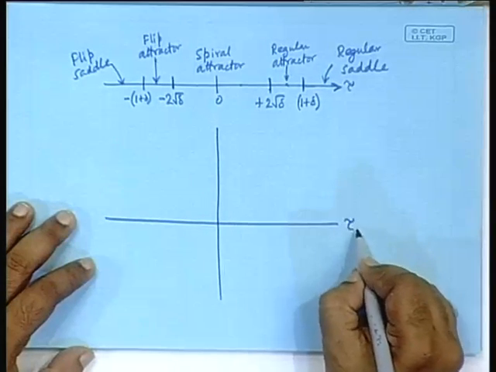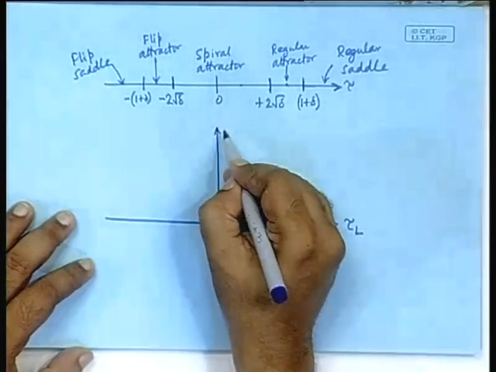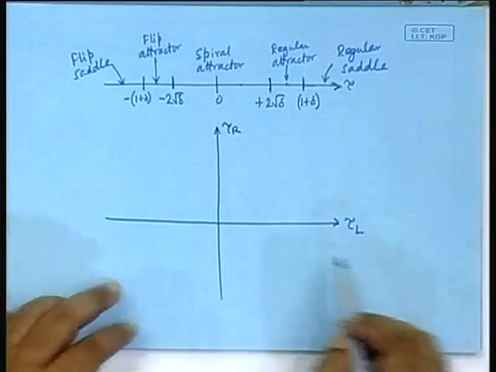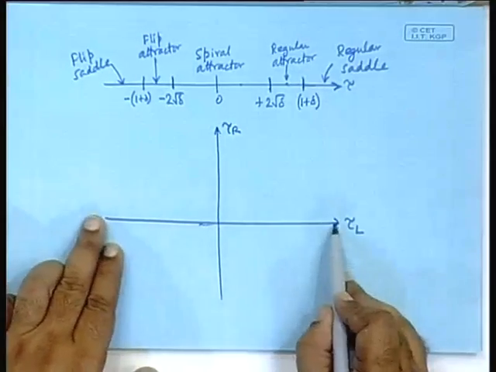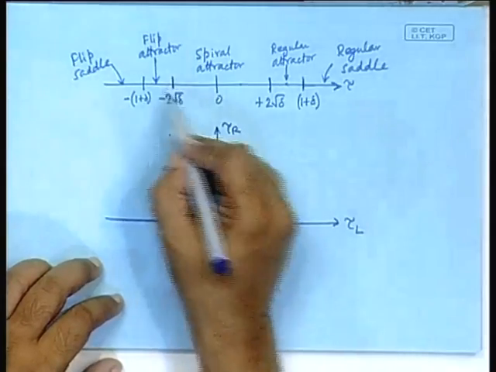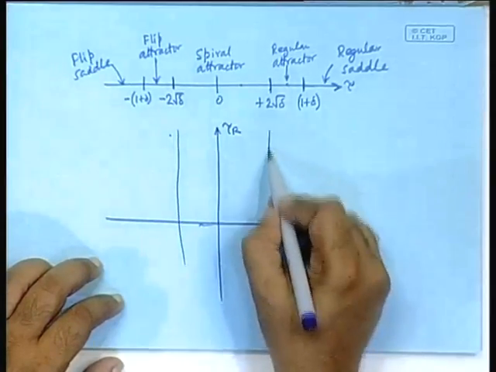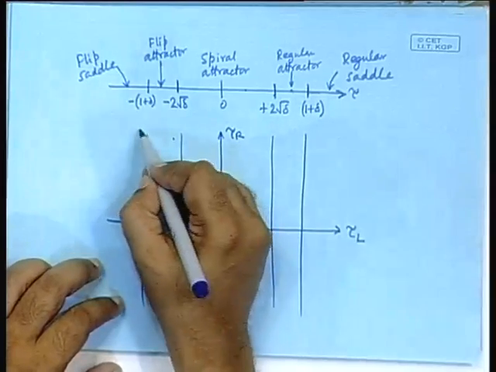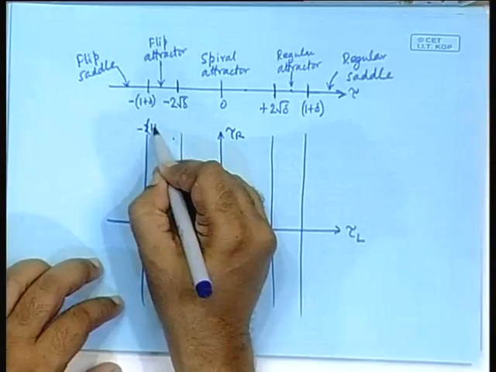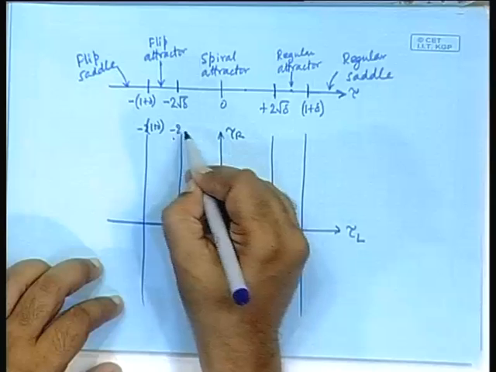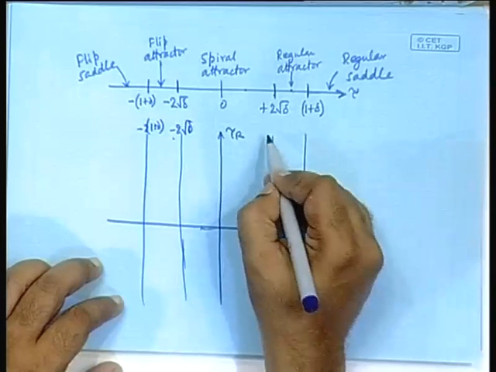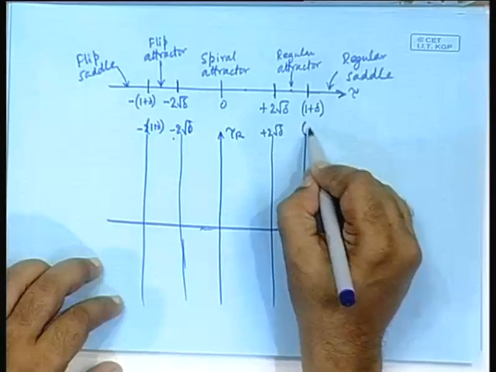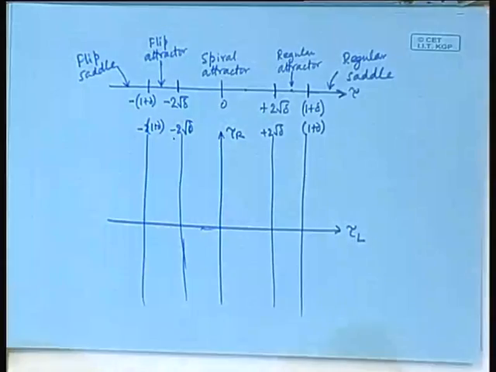So, this is the trace in the left hand side and suppose this is the trace in the right hand side. So, the trace in the left hand side will be compared with these lines. So, this is minus 2, 1 plus delta, 2 root delta, plus 2 root delta, 1 plus delta and so on and so forth.